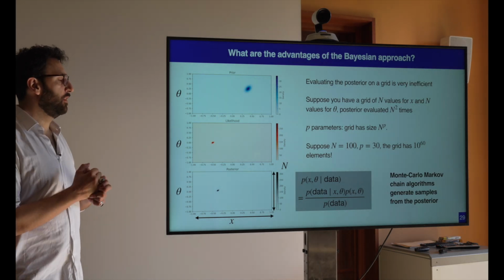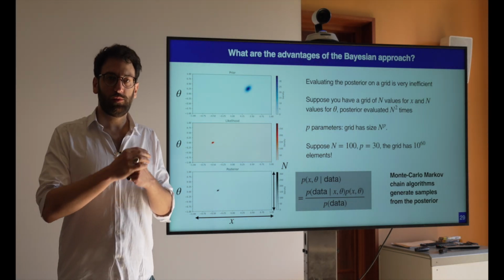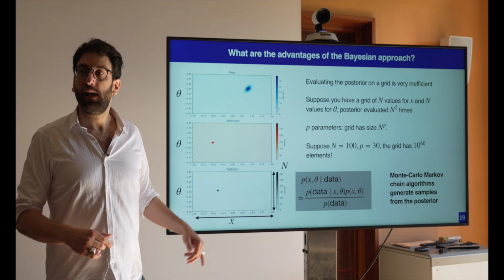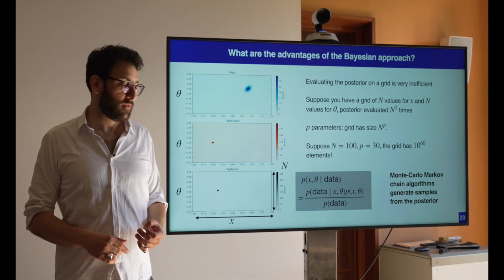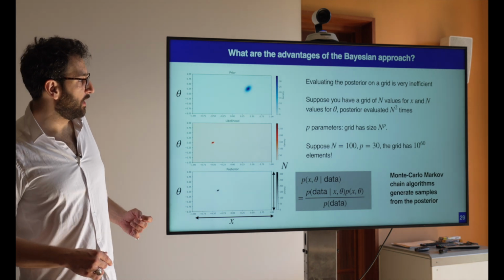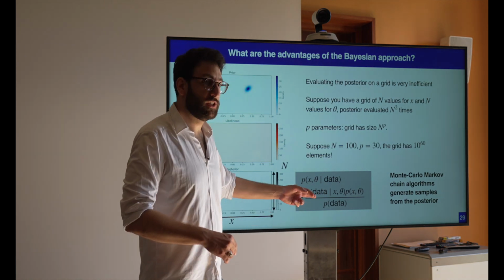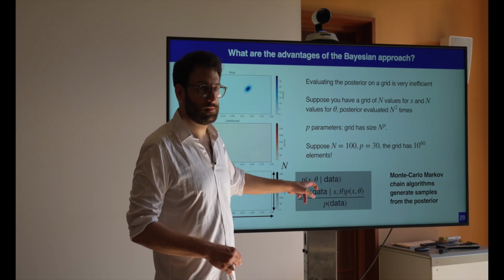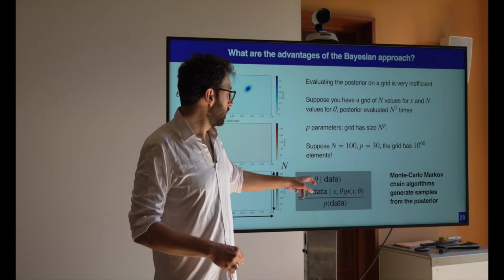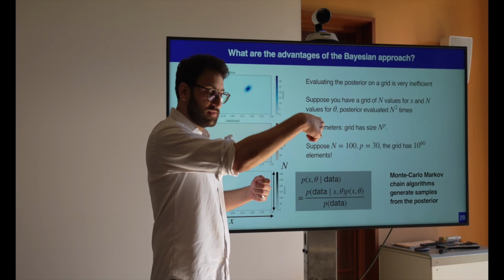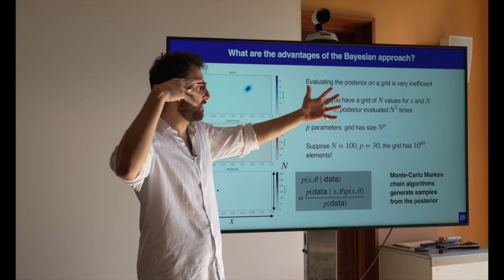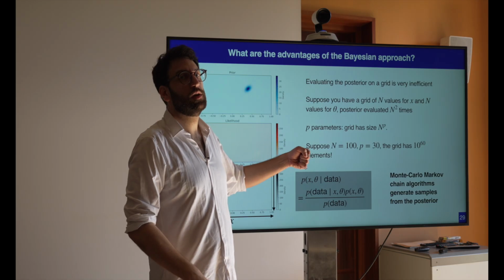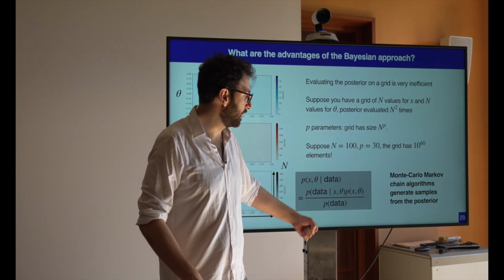So what the software in MCMC does to evaluate those posterior distributions might seem counterintuitive, but it's in fact to generate samples from this distribution. So you generate fake samples from this distribution, and if you have enough samples, their empirical distribution converges towards the true distribution, the theoretical distribution.